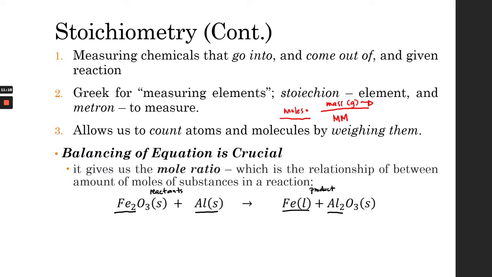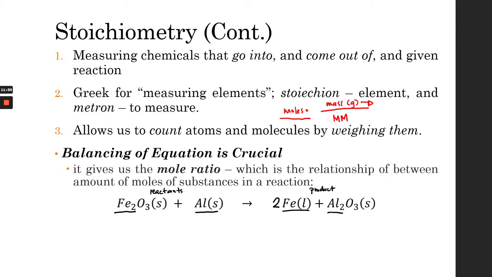In this case, we know that we need two iron in the products because we have two atoms of iron in our reactant. So we can write two in front of iron in your product. This means that we have two atoms of iron here, which balances out because in our reactants we have two atoms of iron as well.